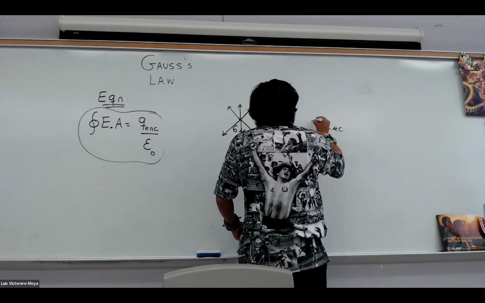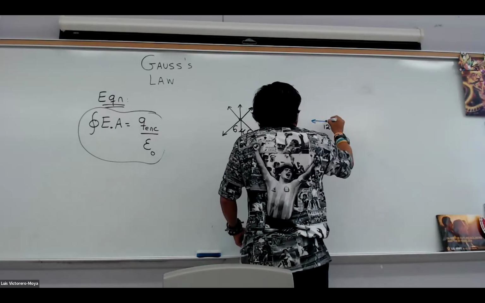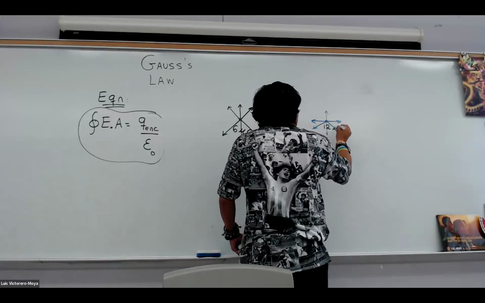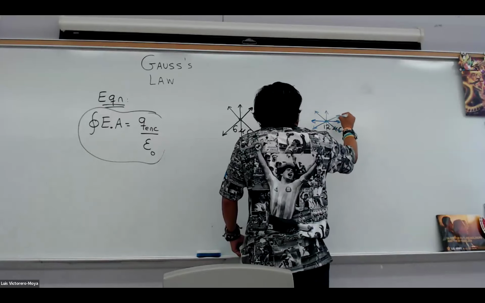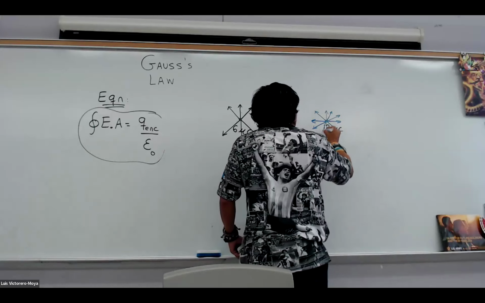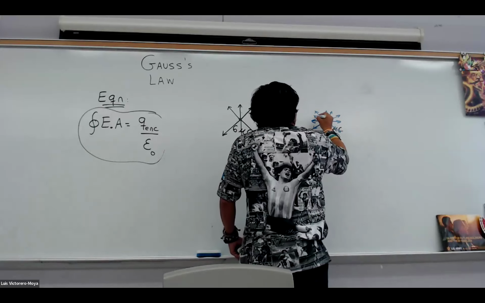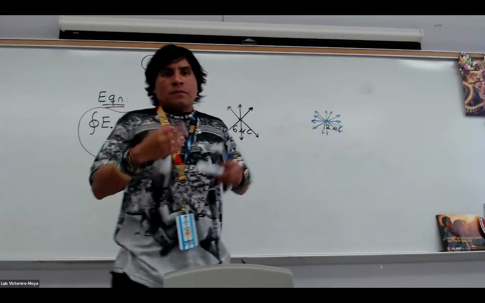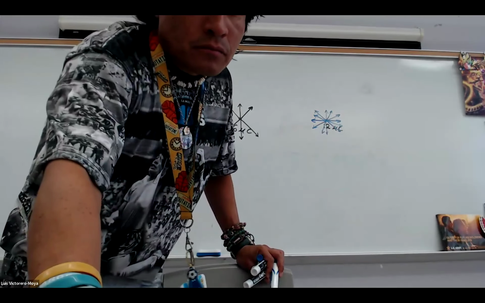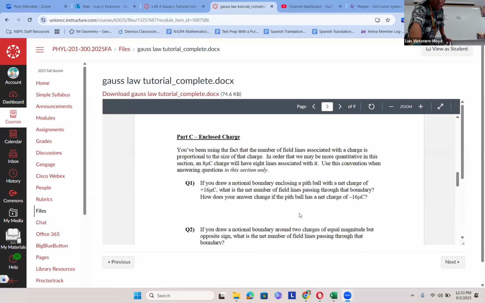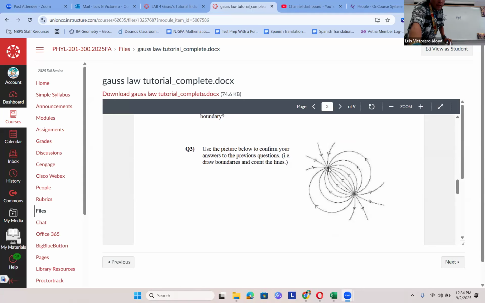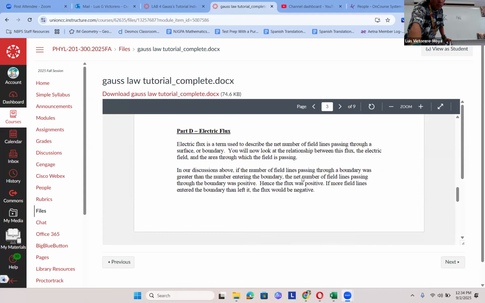So 1, 2, 3, 4, 5, 6, 7, 8, 9, 10, 11. So you have 6 and you have double there. That's basically the way you answer that question. And then if it's a negative charge, then you have a situation like this: entering negative, leaving the positive.